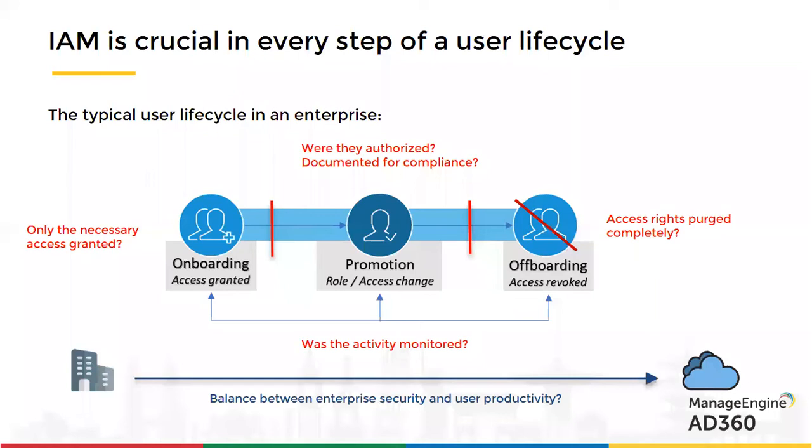When a user undergoes these changes, you must ensure that these changes are authorized and documented for compliance and for security reasons. And when a user leaves the organization or when a user's life cycle ends, you must ensure that the user's access rights or permissions are cleaned up completely. So right from onboarding a user, to a user's lifespan in an organization, to when a user leaves the organization, identity and access management plays a crucial role in all of this process.